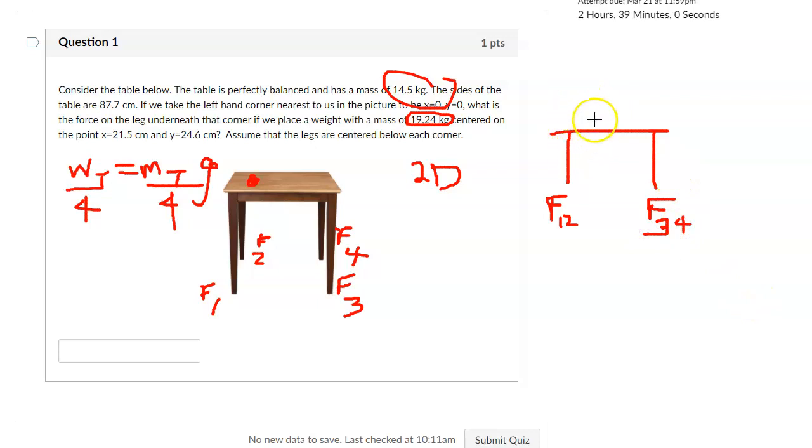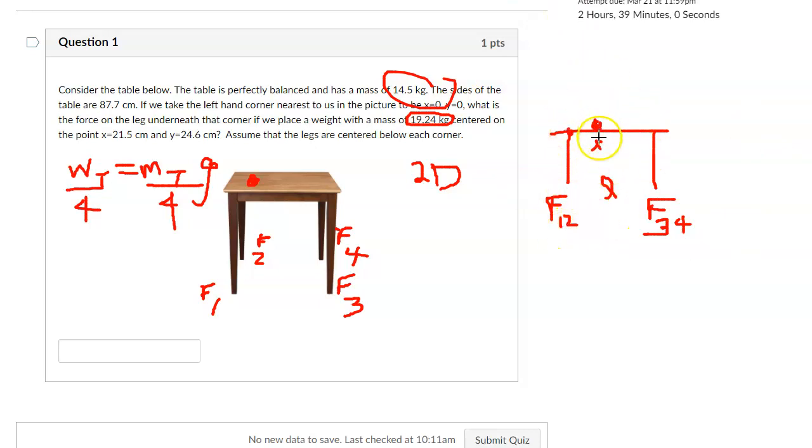There we go. We've got the weight here at some position X, and we've got the length between the legs L. And I say assume that the legs push all the way out to the corners, although I didn't draw it that way. And so if we're going to look at the torques here, let's choose our pivot point over here. Well, since our pivot point's over here, F12 doesn't provide any torque.